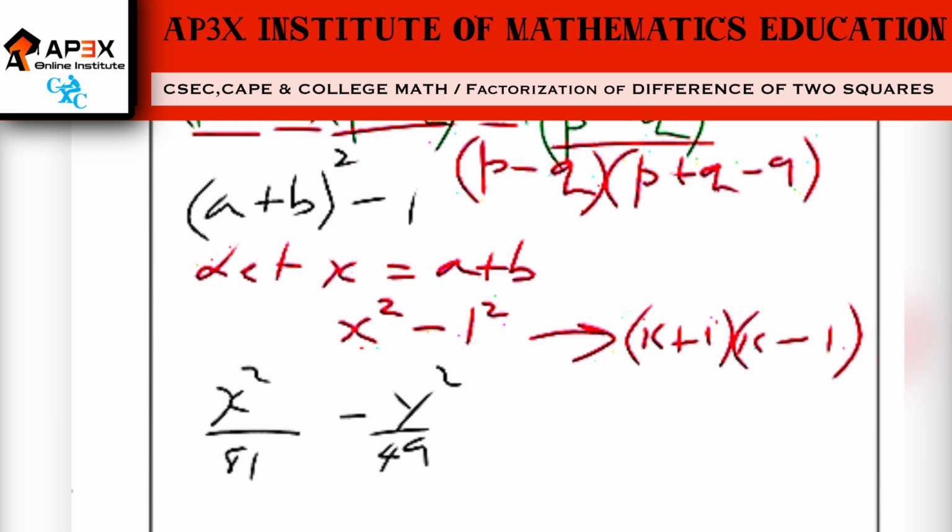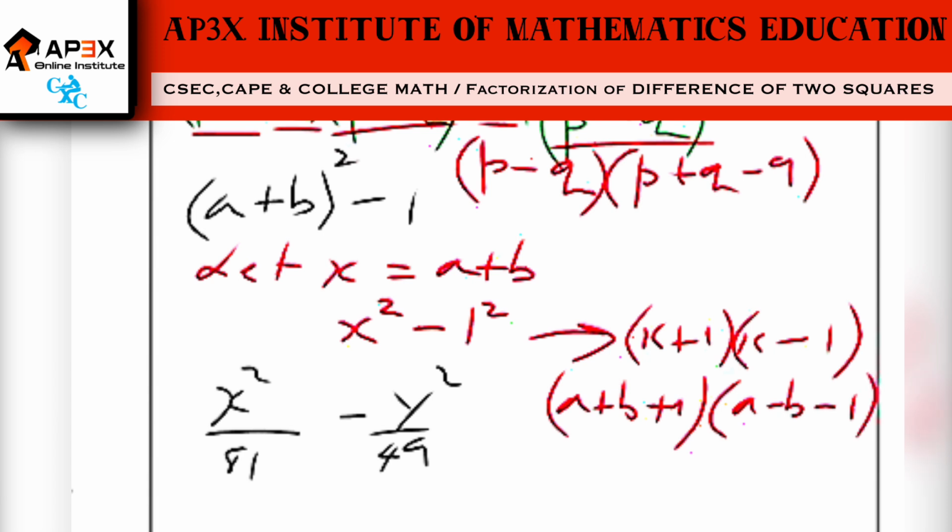But since we allowed x to be a plus b, we can go right back and say, since x is a plus b, I can have a plus b plus 1, and then we can have a plus b minus 1. Was that too fast for you guys? Try rewinding the video and slowing it down a little bit, and you'll get it. Trust me, you'll get it. So the answer is a plus b plus 1, a plus b minus 1.